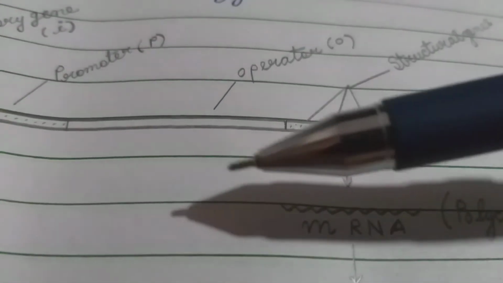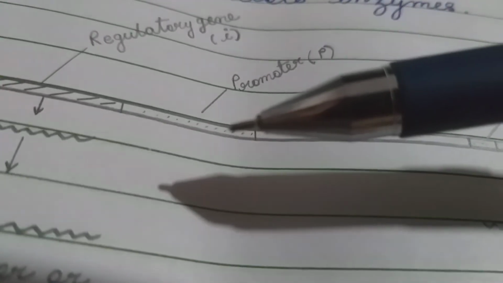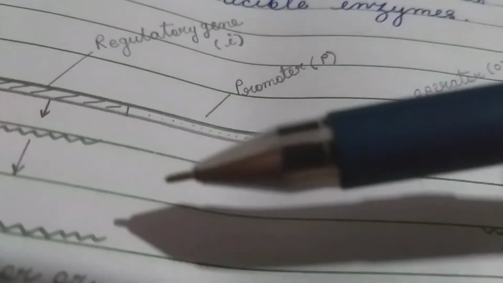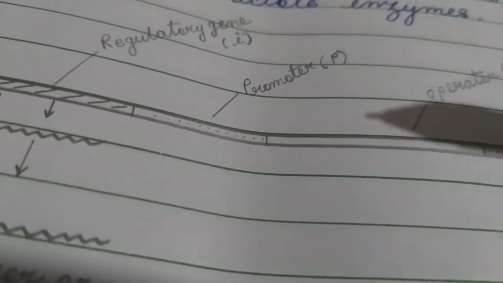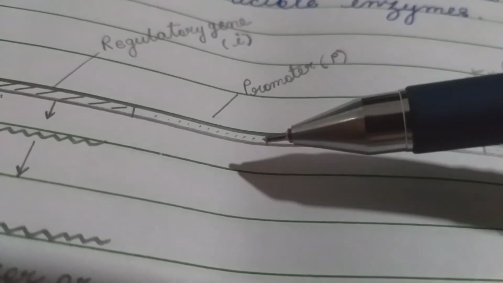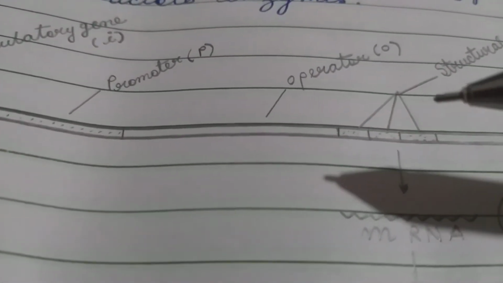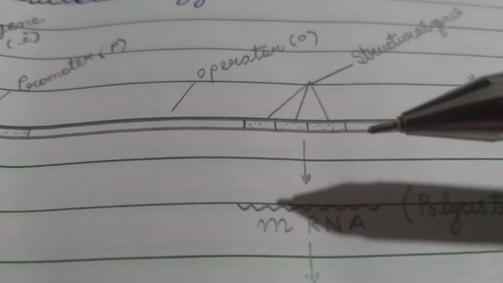This is the operator gene. This is the promoter gene. Promoter is the gene to which the enzyme RNA polymerase binds and transcription starts. RNA polymerase binds to the promoter, then it moves along the DNA to allow transcription of the structural genes.